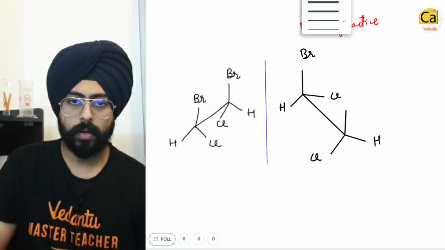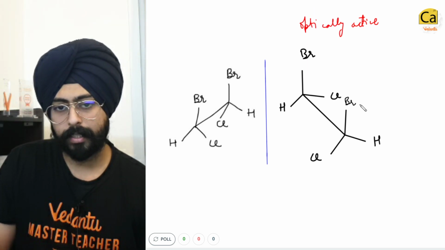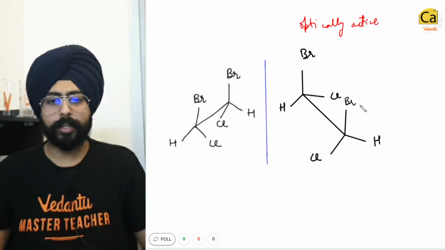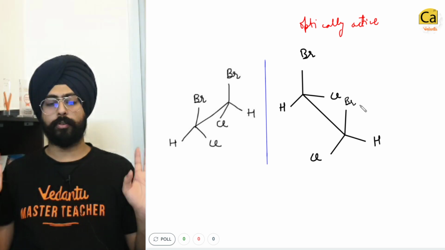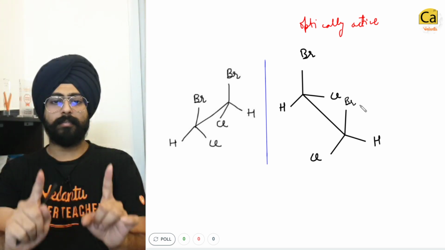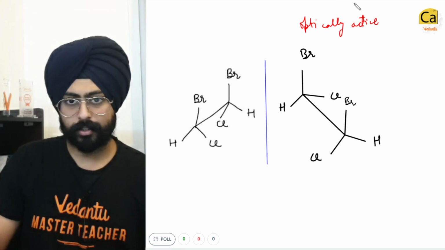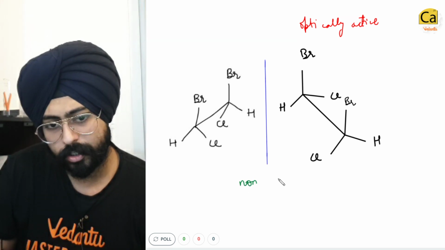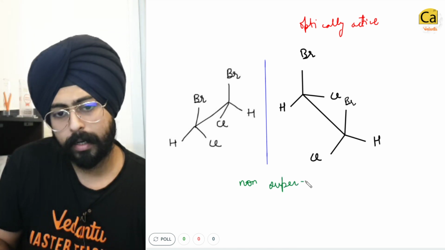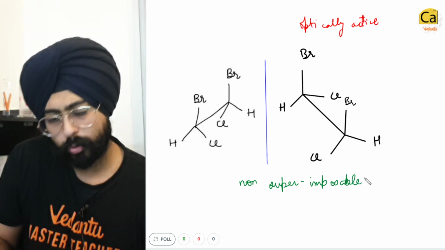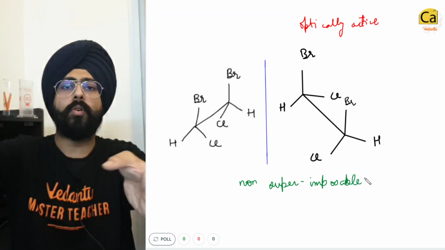Now, try to overlap these two structures with each other. You will see that the chlorines don't overlap with chlorines, the hydrogens don't overlap with the hydrogens. This is not overlapping with the original structure. So I will write over here that this is non-superimposable. In your mind, try to rotate the mirror image as much as you want.